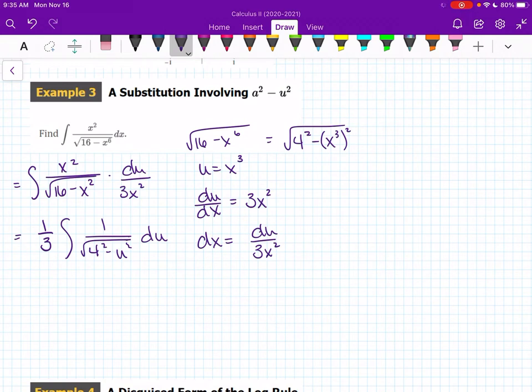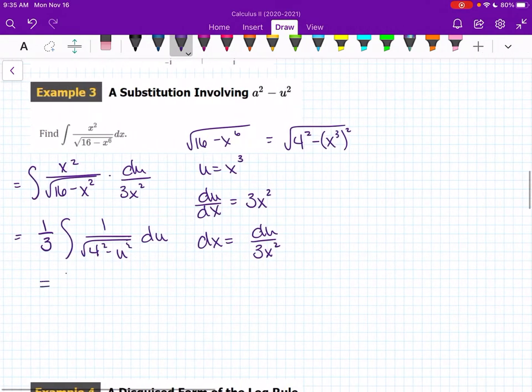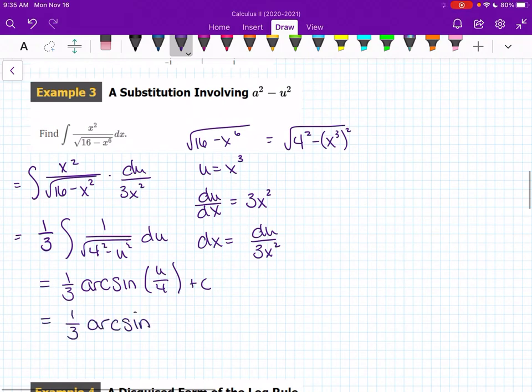And then if I look at this, I can see that that is going to be the arc sine. And so then this will just become 1/3 of arc sine of u over 4 plus c, and then go ahead and substitute back in that u value. So now I have 1/3 arc sine of x cubed over 4 plus c.